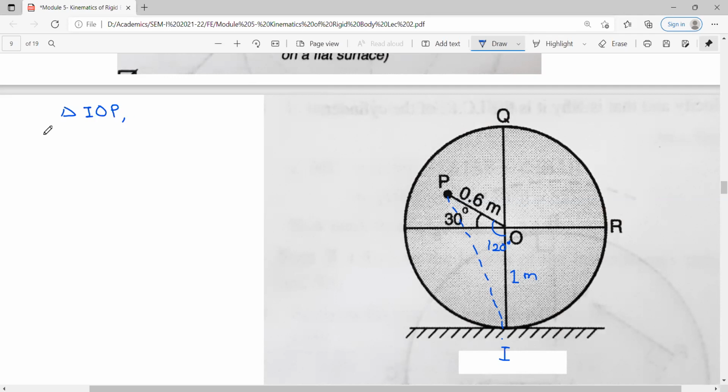So using the cosine rule in triangle IOP, I will write down the formula for IP.